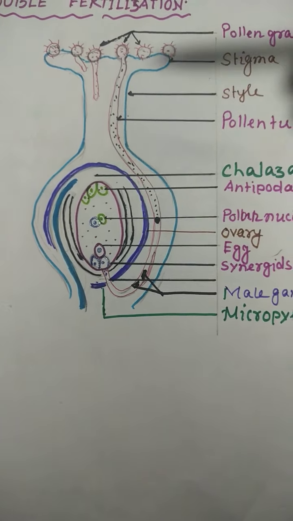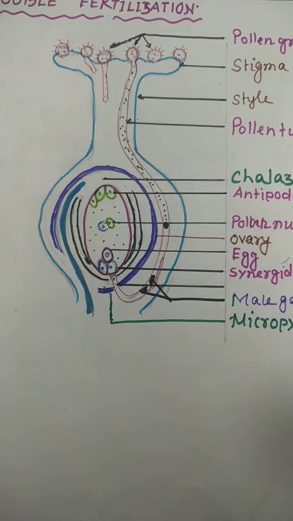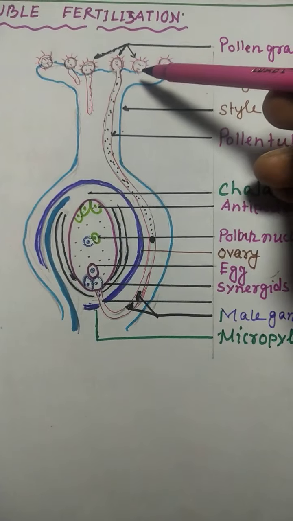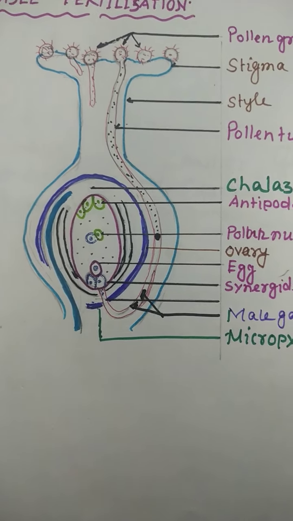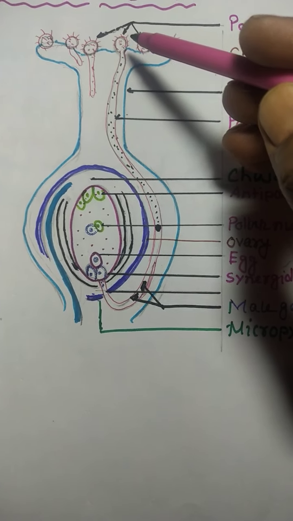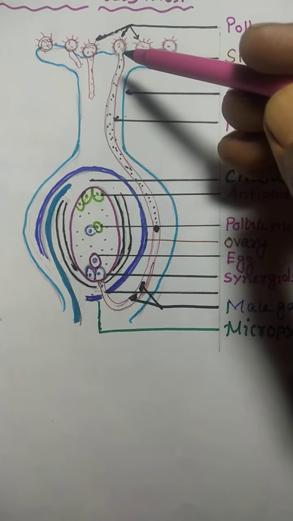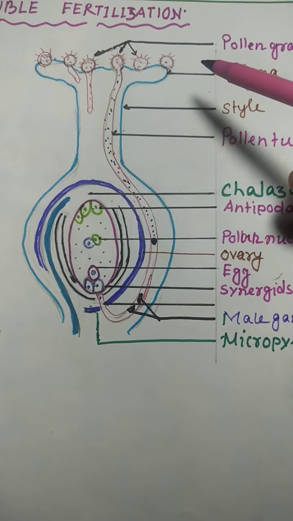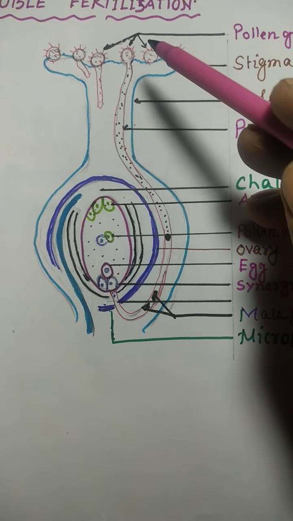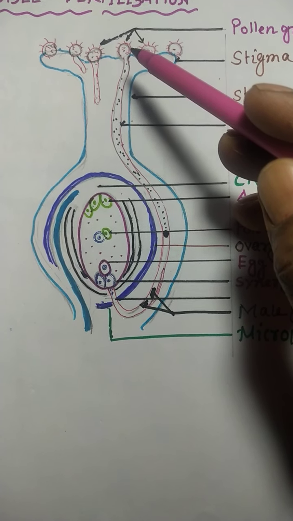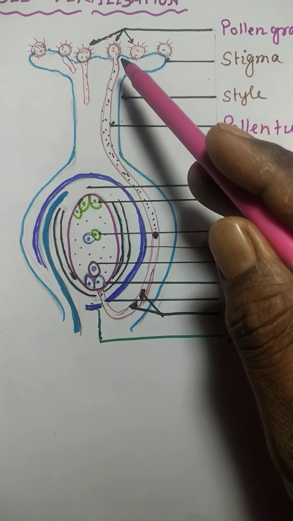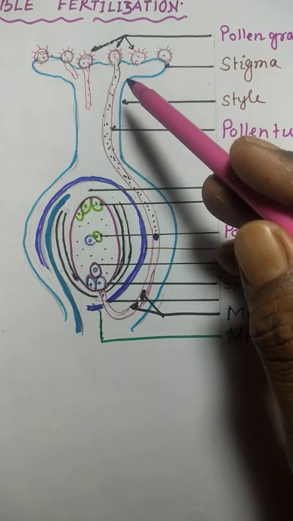The whole pollen grain does not pass down the stigma; only its pollen tube does. The intine, the inner layer of the pollen grain, along with its content, emerges out of the germ pore as a short cytoplasmic outgrowth.